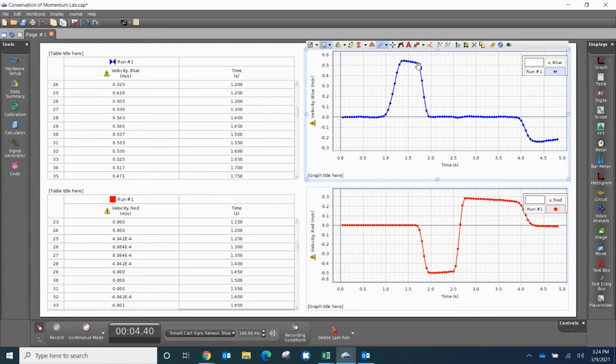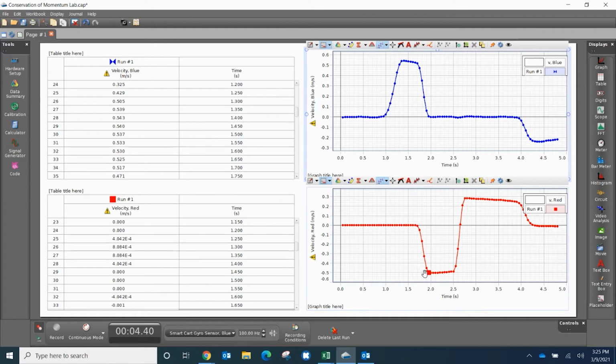And then right around, roughly 1.7 seconds, there's a dramatic change, another acceleration, a negative acceleration for the blue car. And at that 1.7 seconds is right about when the red car, which was not moving, all of a sudden accelerates in the negative direction.